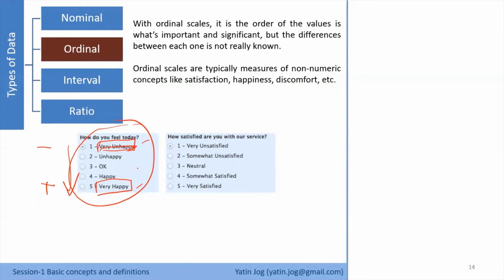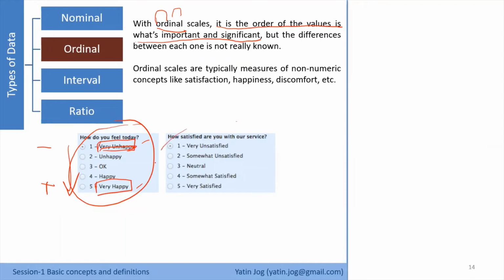So with ordinal scales, it is the order of the values which is important and significant. That is ordinal scale. You can think of ordinal as ordered nominal. So still these are labels, but the labels are in an ordered fashion, with some logic in that order. Now look at the second question.